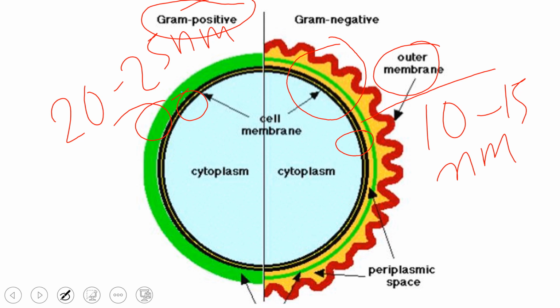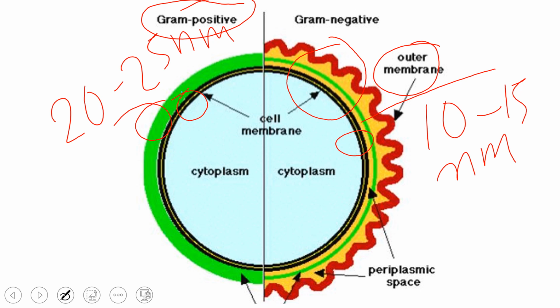But here you can see the gram-positive bacteria have a thick peptidoglycan layer, whereas the gram-negative bacteria have a thin peptidoglycan layer. So how are the gram-positive and gram-negative bacteria differentiated? They are differentiated on the basis of the cell wall, as you know, but we can also differentiate them by staining, called gram staining.